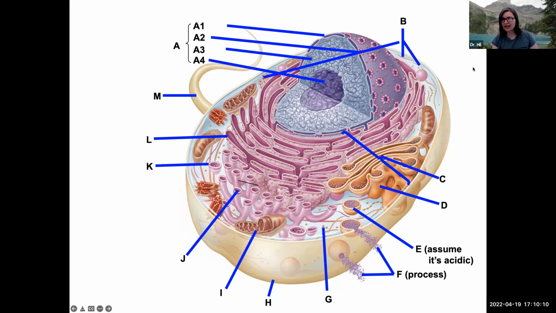For this, I'm going to ask Alex. Exocytosis. Yes, that would be a good guess. G, what's depicted by G, Leslie? Are you able to hear us and unmute Leslie or write into the chat?